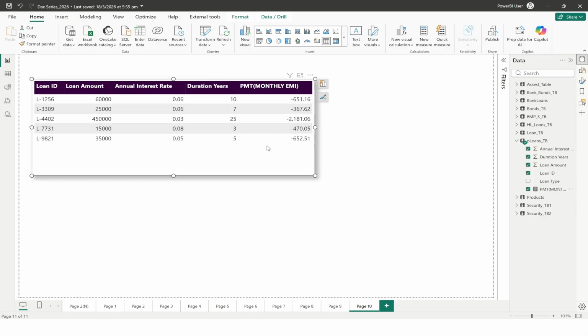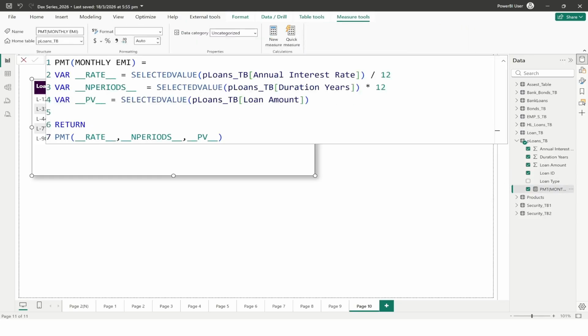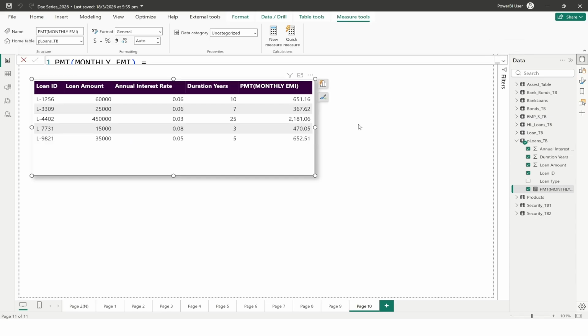It is showing in the negative number. So why negative? We are paying from our pocket. That's why it is showing in negative. So if you don't like to see it in negative, just please use minus here. Okay. Now it's successfully executed.